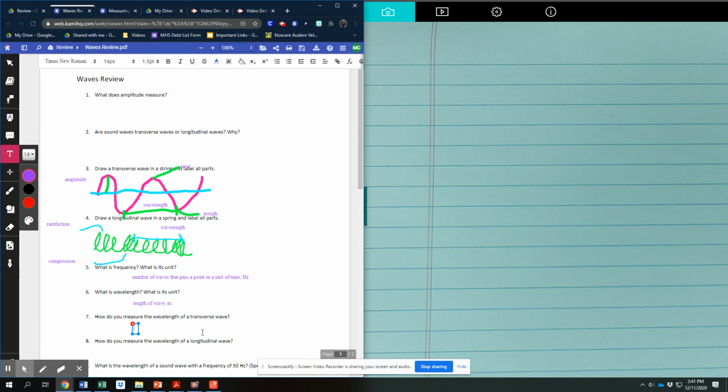From a transverse wave, you can measure crest to crest or trough to trough. For a longitudinal wave, you would say from compression to compression, or rarefaction to rarefaction.